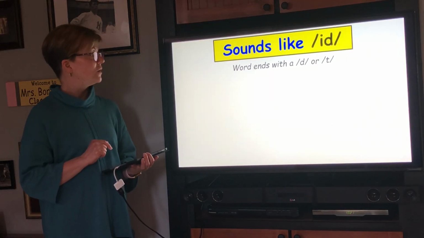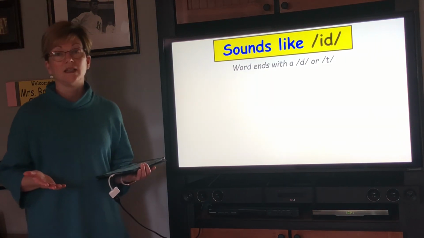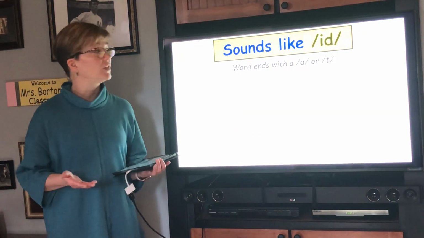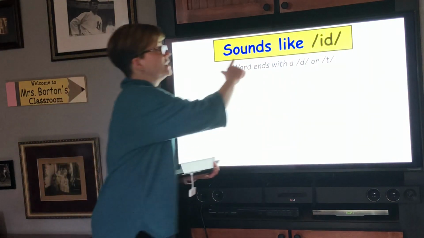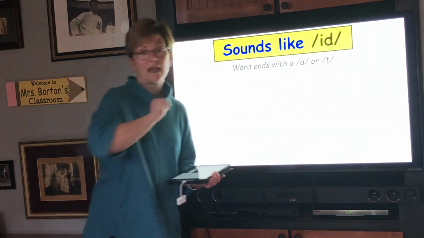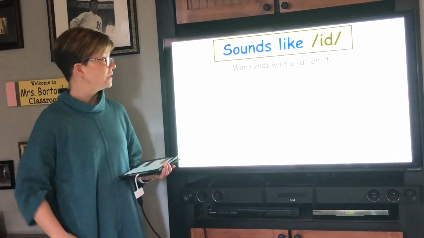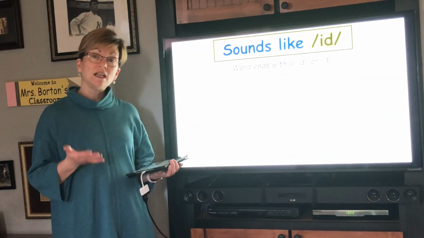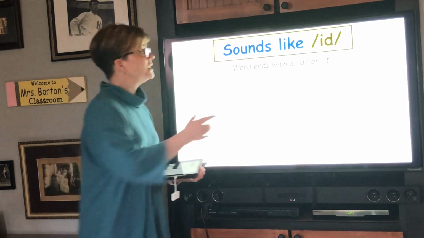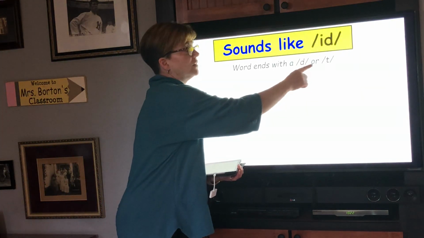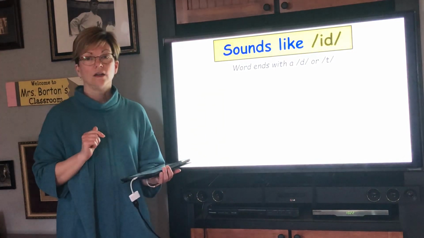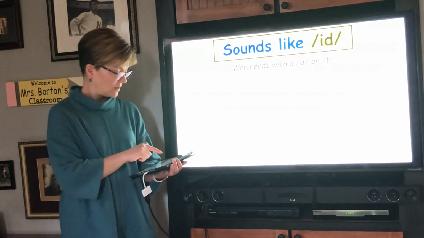All right, so we talked about there are three ways to make this sound, and let's start with the first sound. If it sounds like id at the end of your base word, you're going to hear that sound when a word ends with a d, duh, or a t, t. So let's take a look at some of those words.